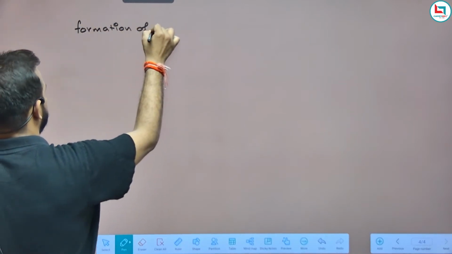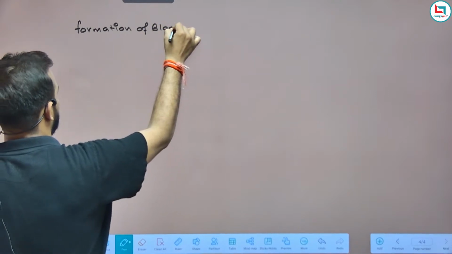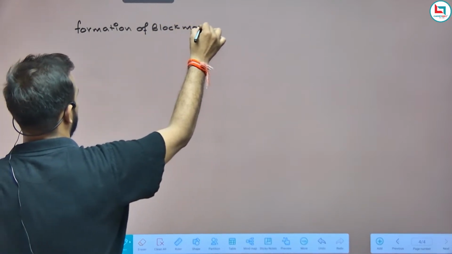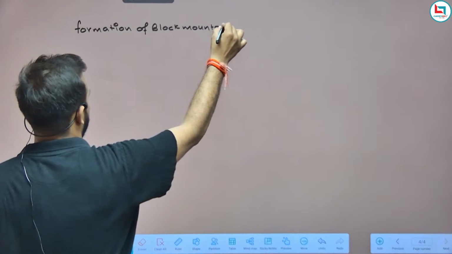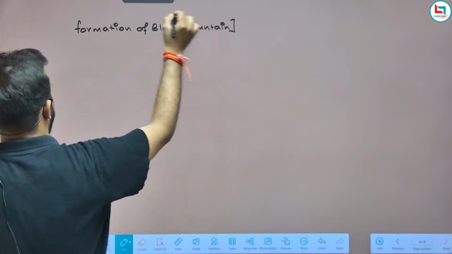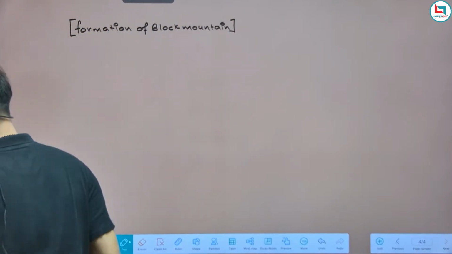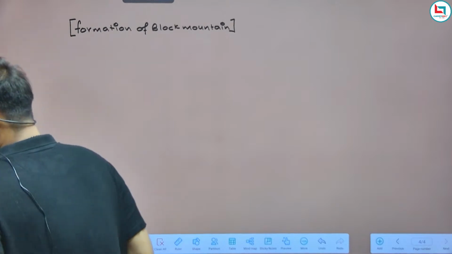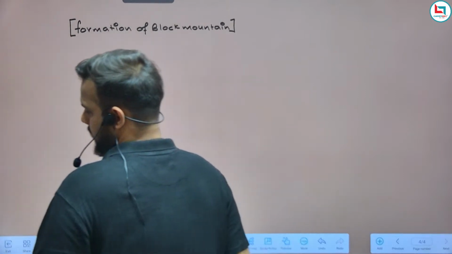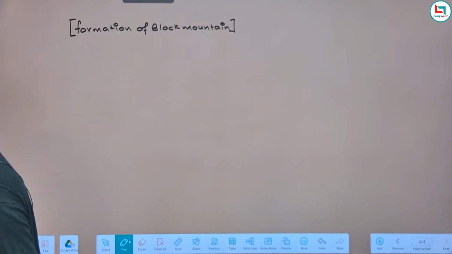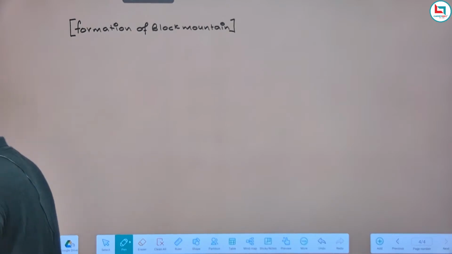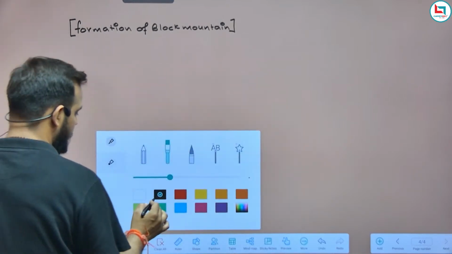Formation of volcanic mountain. Now, guys, let's talk about the formation of volcanic mountain. Remember one thing, they are formed as a result of extrusive volcanism, that is, they are made up of the lava or the igneous rock.